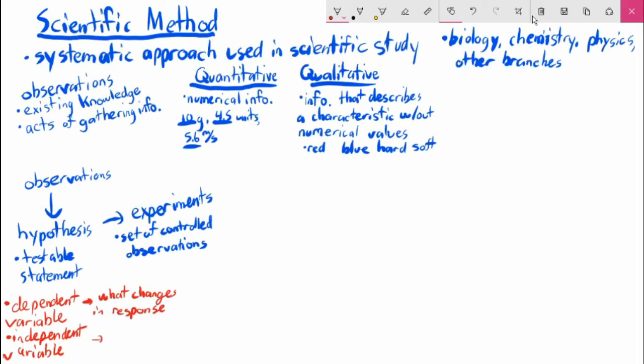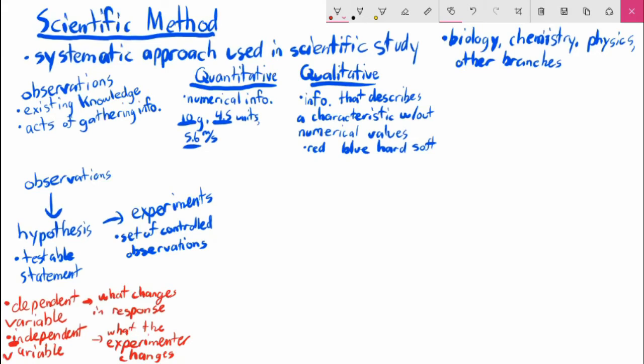The independent variable is what the experimenter changes. And so the way I remember that is I'm the experimenter. I change the independent to see how the dependent changes in response. So that can be a handy little trick to help you all out: I change the independent.